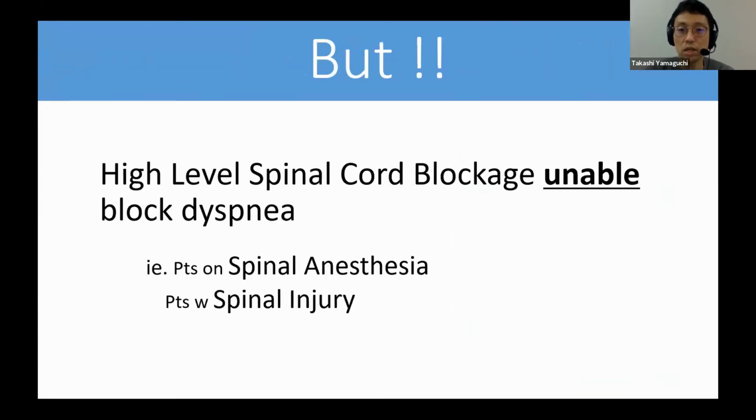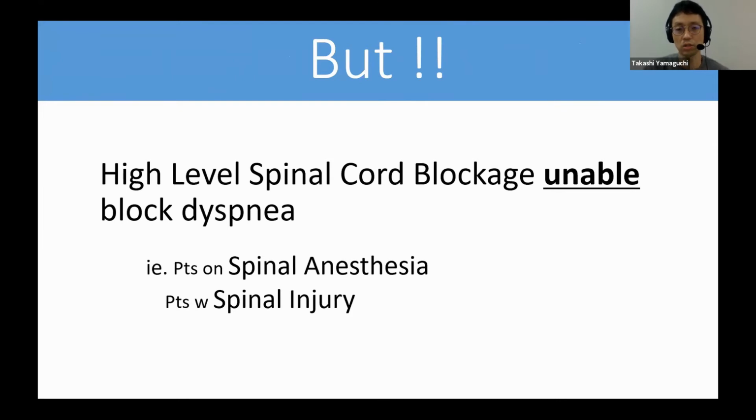But subjects with a high level of spinal cord blockage, for example by spinal anesthesia or spinal cord injury, can develop dyspnea. So this means the mechanical stimuli also cannot solely cause dyspnea.